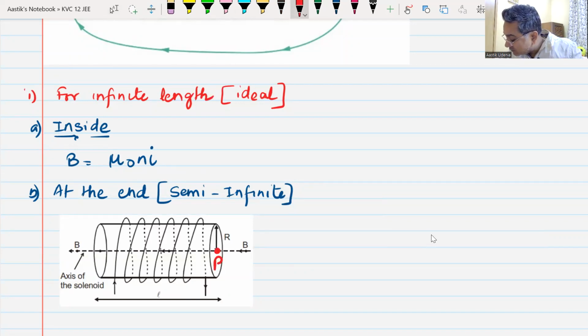Do we understand this? Yes, sir. Magnetic field at this point P will be how much? Yes, you can put the values and give me the answer. That is also a question. What will be the magnetic field at the end of this? That will be equal to mu naught N I by 2.